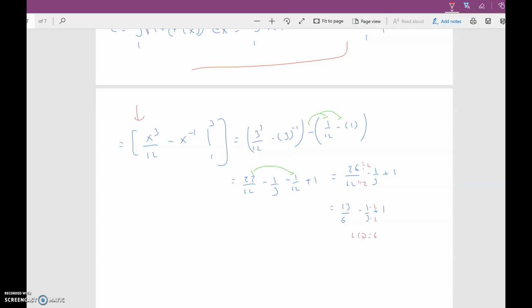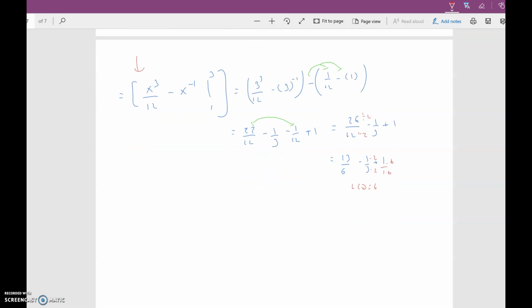So multiply by 2 and 6. So we're looking at 13/6 minus 2/6 plus 6/6. So that would just be 17/6.